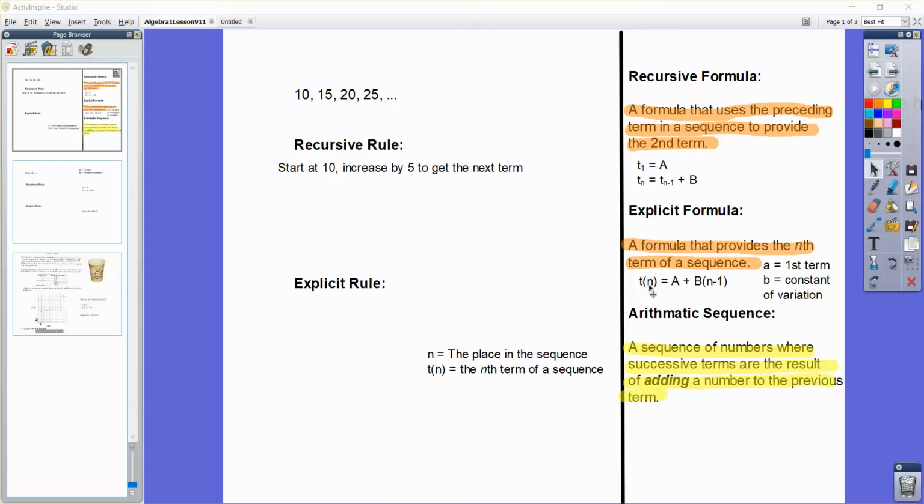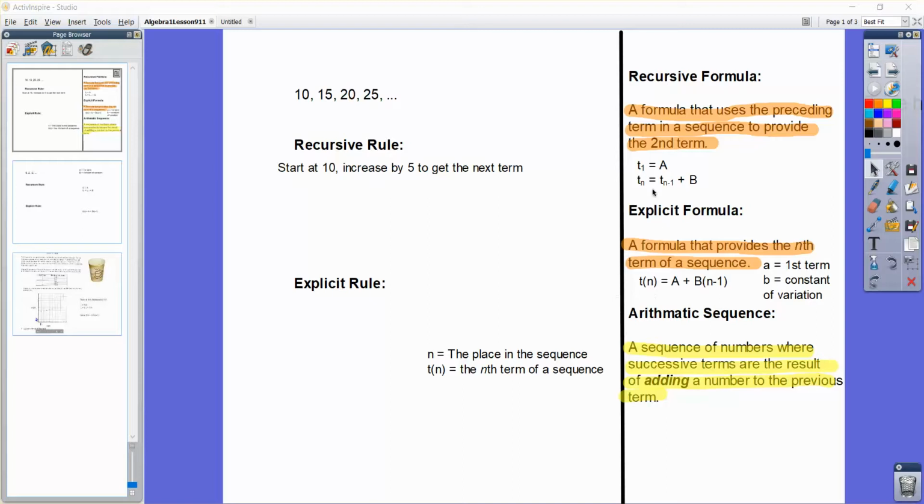So if I wanted the 5th term, I would replace the n with 5. It'd be t of 5. And then you would find that by doing a, the first term, plus b times n minus 1. So if it's the 5th term, this in parentheses would work out to be 4, and then 4 times the constant variation plus the a would give me the term that I'm looking for in my sequence.